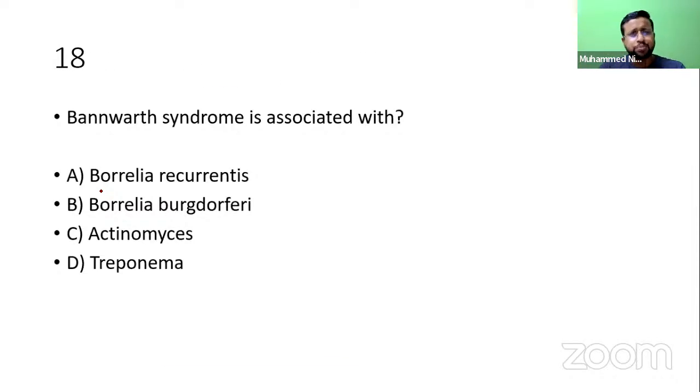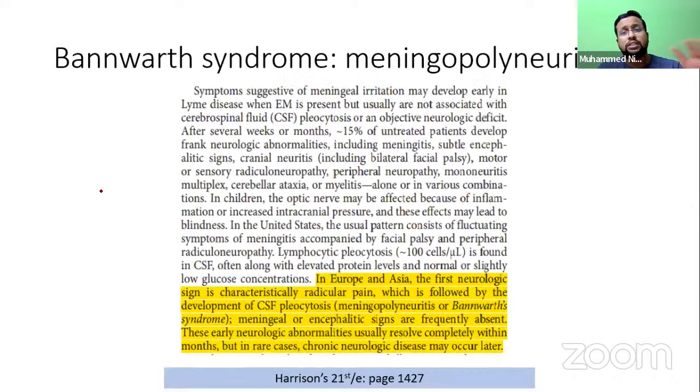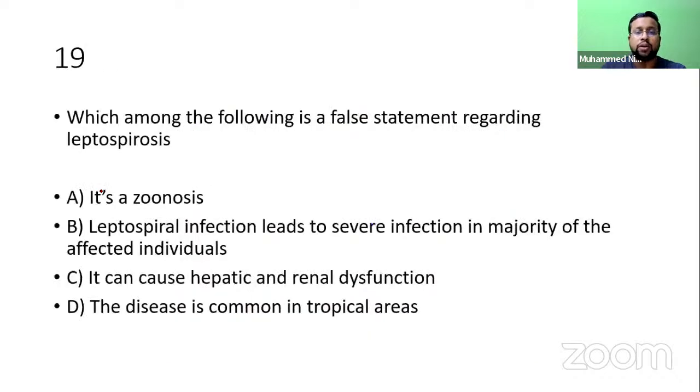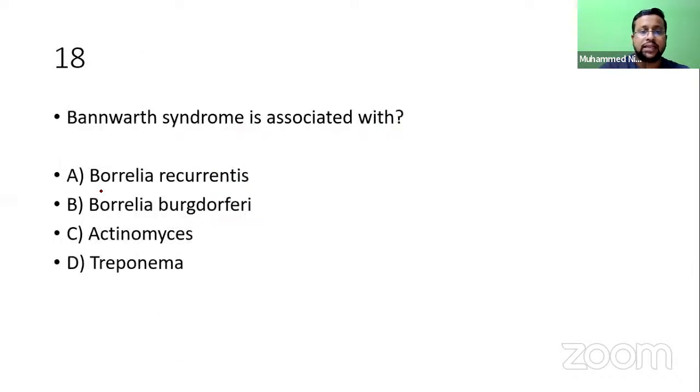Among these, Bannwarth syndrome is what is called meningopolyneuritis. Basically, there is painful radiculopathy associated with CSF pleocytosis, meaning there is an increase in the cells in the CSF. This occurs in Lyme disease, which is caused by Borrelia burgdorferi. So the answer here is Borrelia burgdorferi. So that is question number 18.